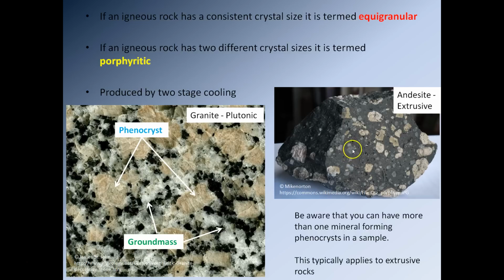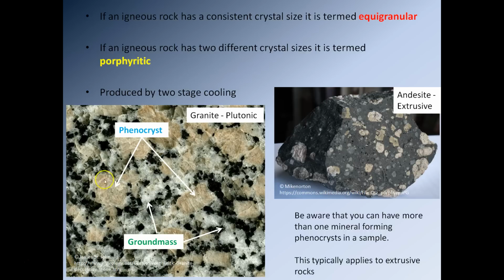It's a little bit difficult to tell what they are. They could be anything from quartz to amphibole maybe. But you can see you have two different phenocrysts, and both of those phenocrysts are sitting in this very fine-grained groundmass. So just be aware that you can have more than one mineral forming phenocrysts in a sample. And in the vast majority of cases, porphyritic rocks do tend to be volcanic.